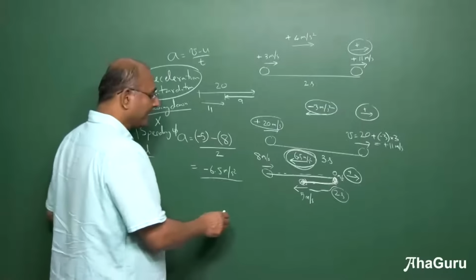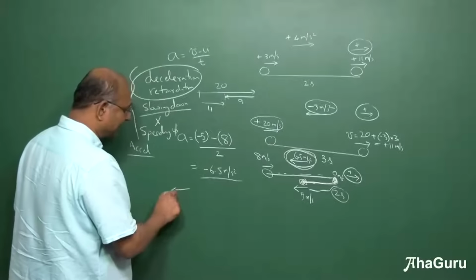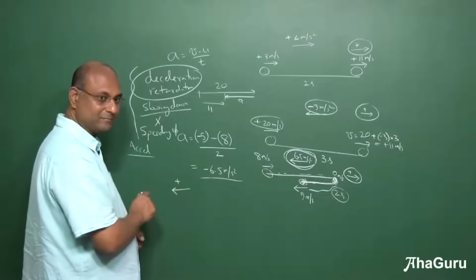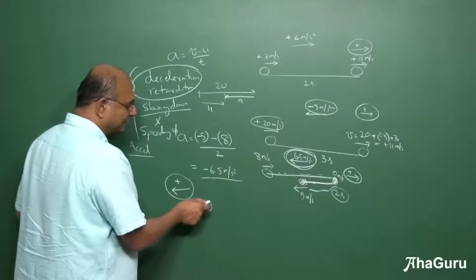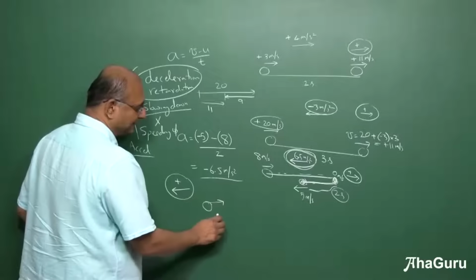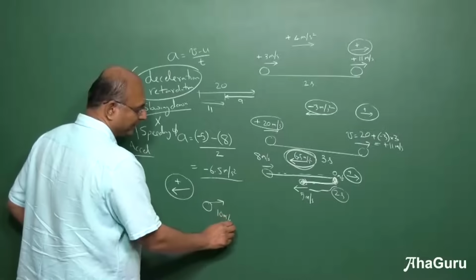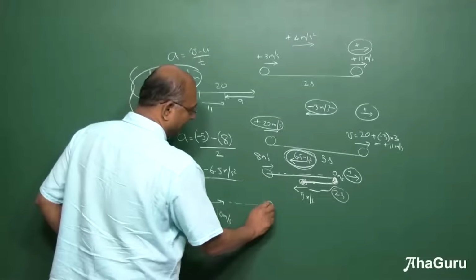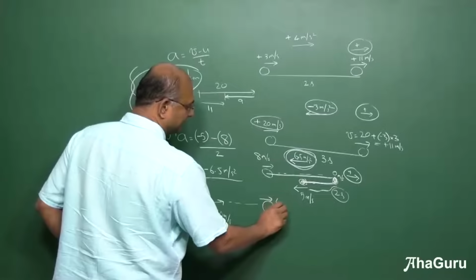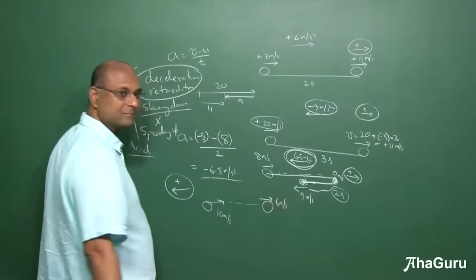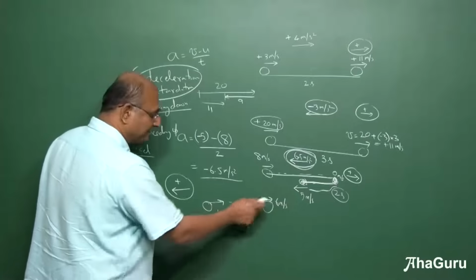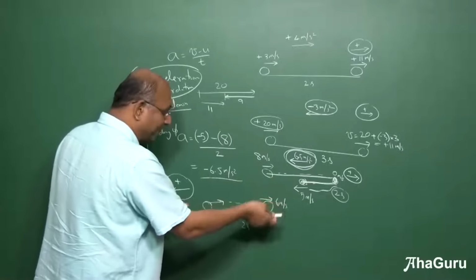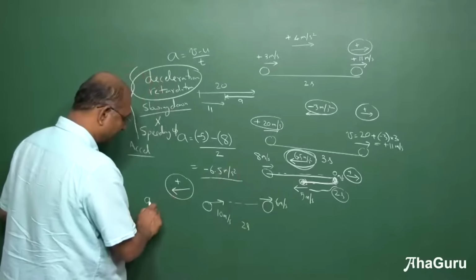For example, if I chose this direction as positive direction, and the object was starting off, let us say, with 10 meters per second, and it basically went to 6 meters per second, and let us say in 2 seconds. What is the change? You can start by saying minus 6. What is the acceleration?